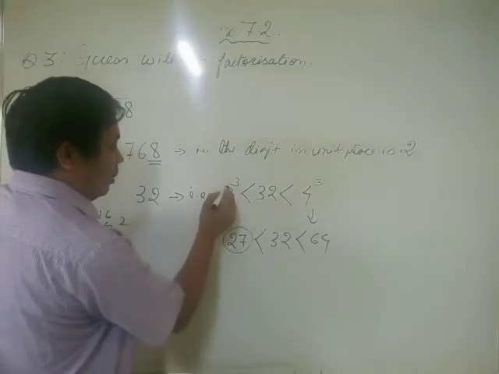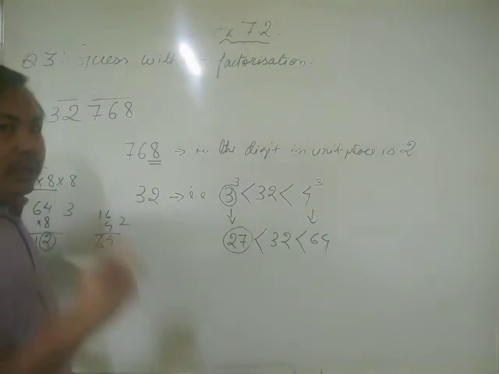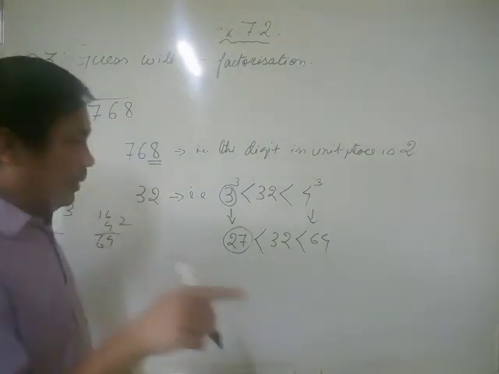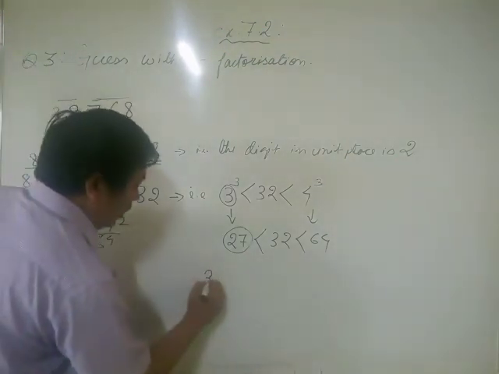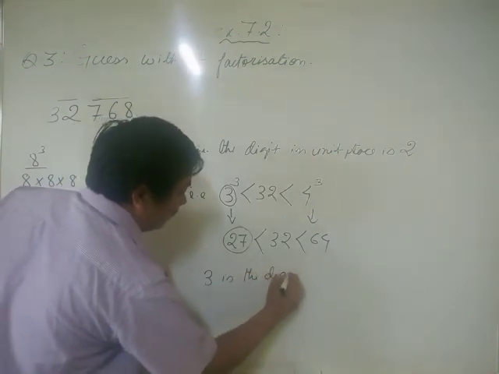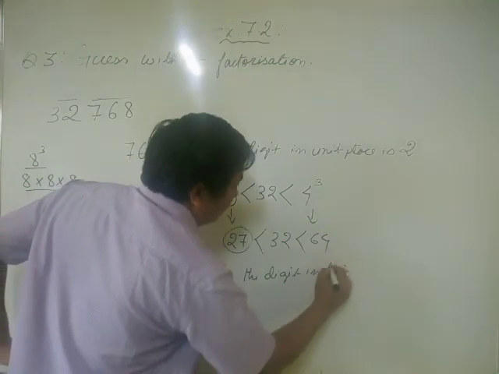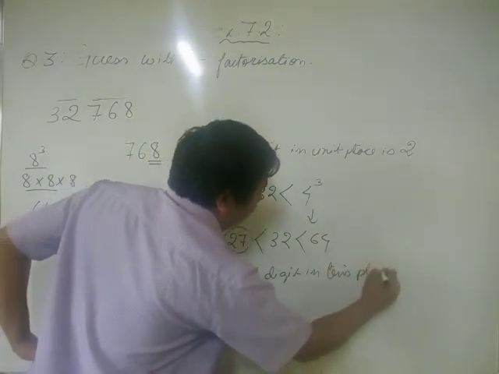This is the cube of 3. So we take 3 to be the digit in the tens place.